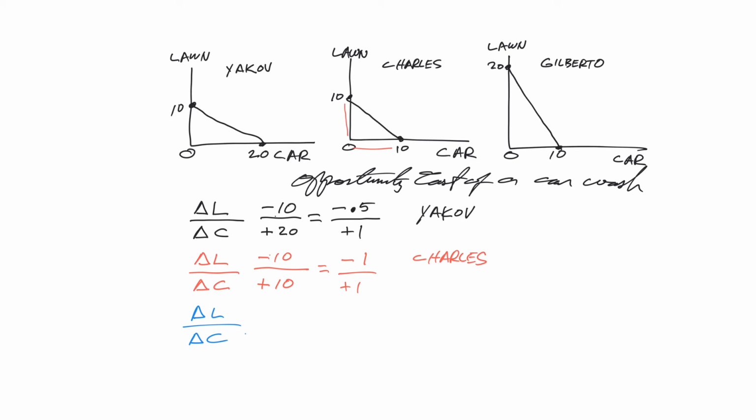So, what's minus 20 divided by 10? Well, that equals minus 2. So if Gilberto increases car washes by 1, he's going to give up 2 lawns.